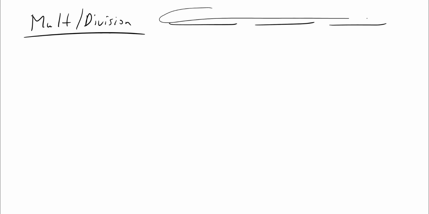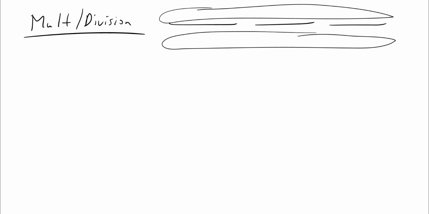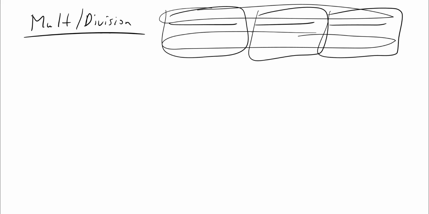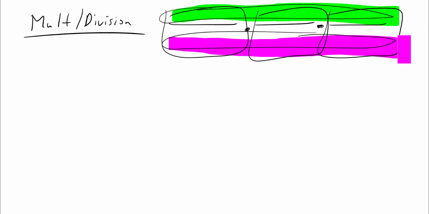The deal is you can cancel anything from the top, no matter how many terms there are. Anything from the top can cancel with anything from the bottom. That's important. If here's a fraction and here's a fraction and here's a fraction, and there's multiplication, you're going to have multiplication between those terms. You can factor anything from the top with anything from the bottom.